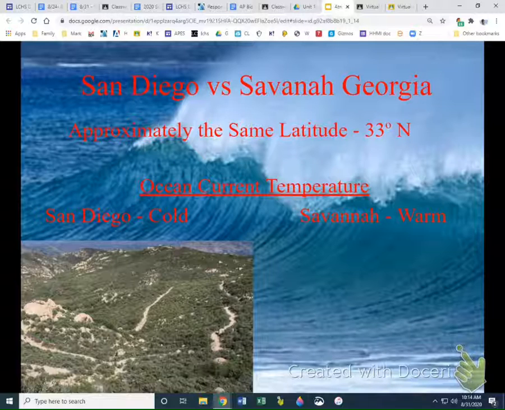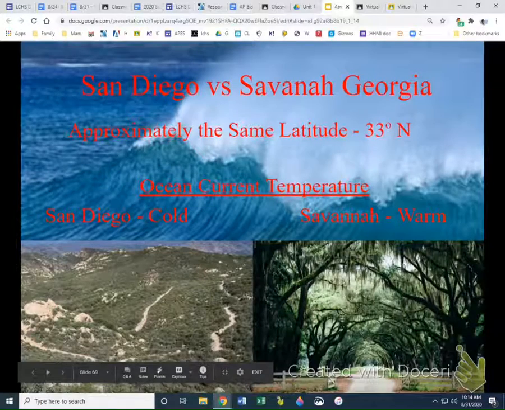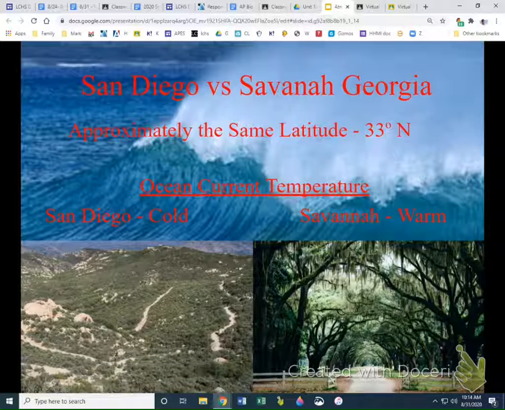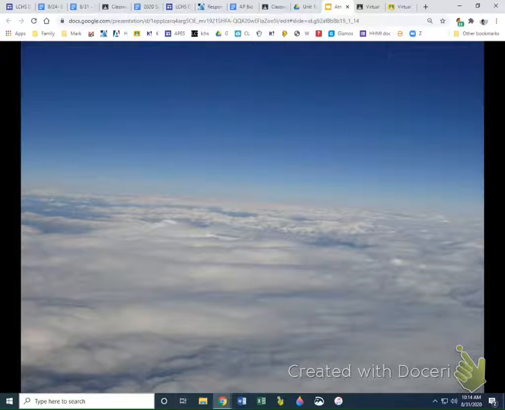Even though these two are at approximately the same latitude, San Diego's climate is like this, whereas Savannah, Georgia is like that. Why? Because of the surface temperature of the ocean. And that is basically what you need to know about climates and the causing agents of climates.